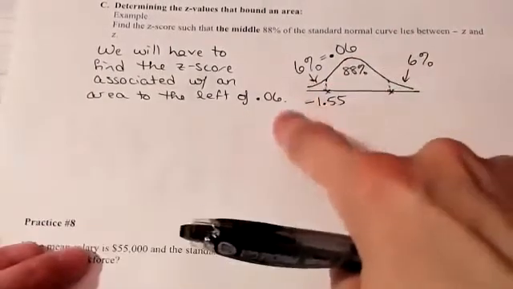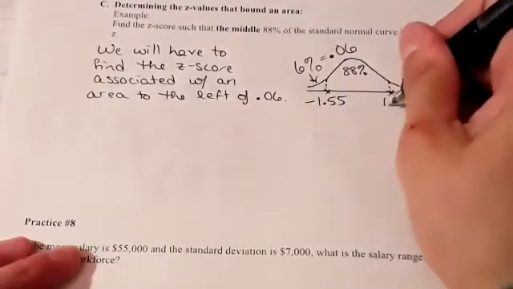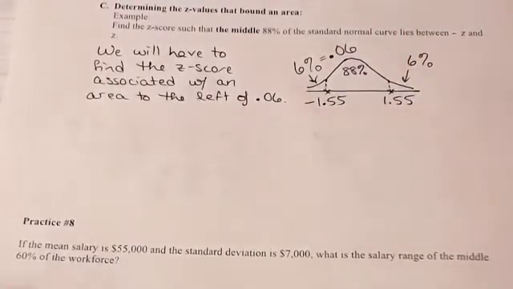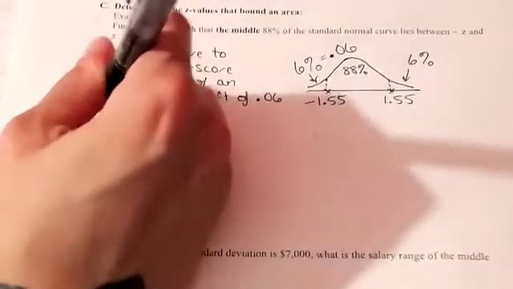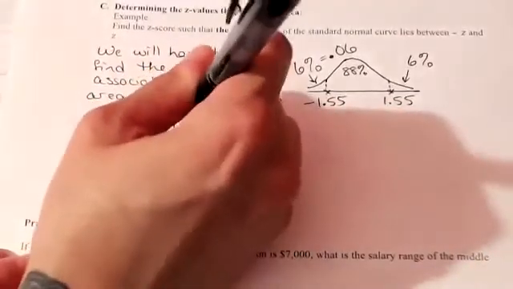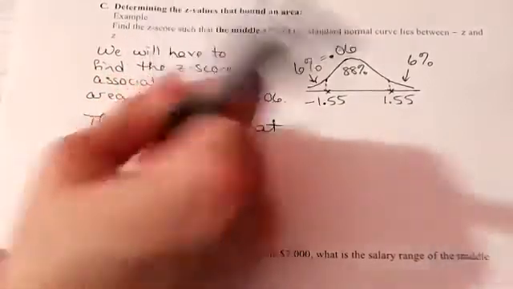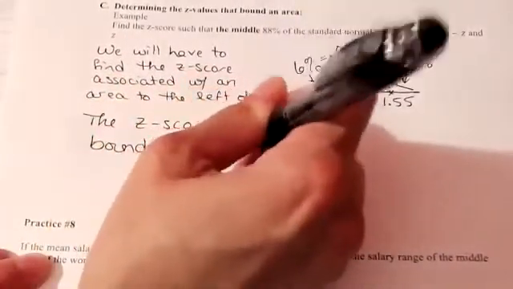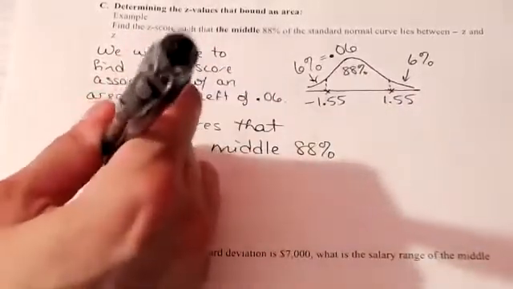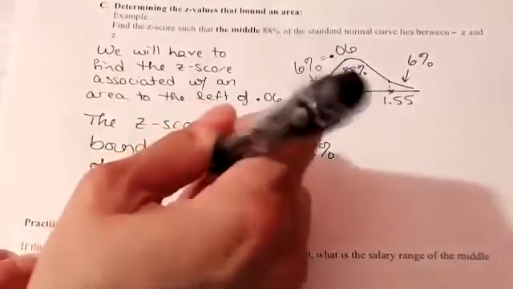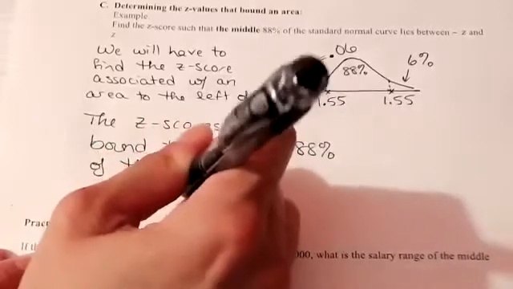If the value to the left is 6% of a z-score of negative 1.55, that's going to be the same as the value to the right of a z-score. So what we can say here is that the z-scores that bound the middle 88% of the curve are negative 1.55 and positive 1.55.